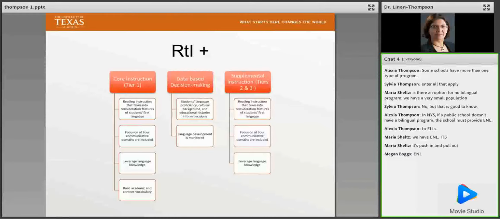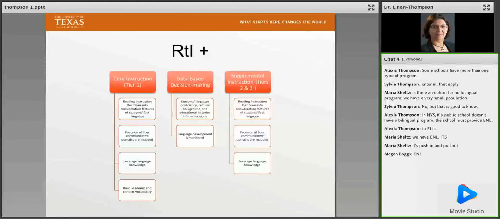I think especially the language proficiency and their histories are critical in the beginning-of-the-year data decision-making meetings where you place students in Tier 2 after you do your screening.